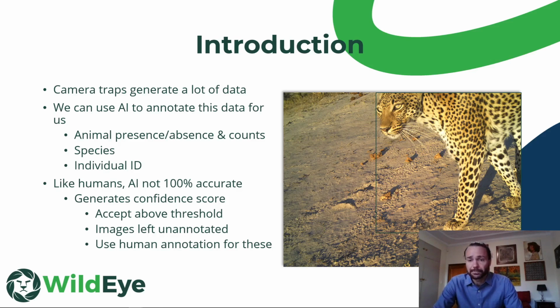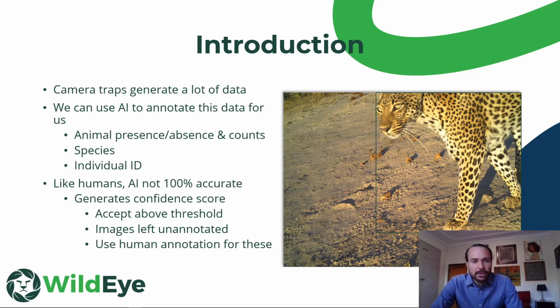So the idea is that we have a number of internal classifiers for different regions, and they then look at those images and determine what species they are. And then lastly, we have another AI that tries to assist with identification of individuals. At present, we actually use Hotspotter, which is an open source industry standard pattern recognition algorithm. So it's a coat pattern recognition algorithm that we use there.